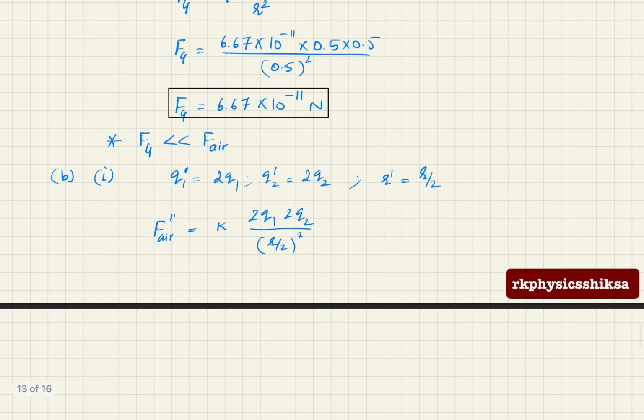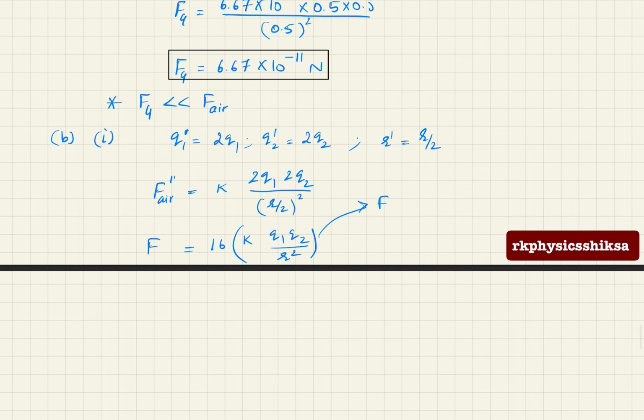Now if I simplify this, what I get is 2 into 2 into 2 into 2, that is 16, into k into Q1 Q2 divided by r square, which is nothing other than the value of F, which is already calculated. So substituting that, F air dash is equal to 16 times 1.5 into 10 to the power of minus 2.